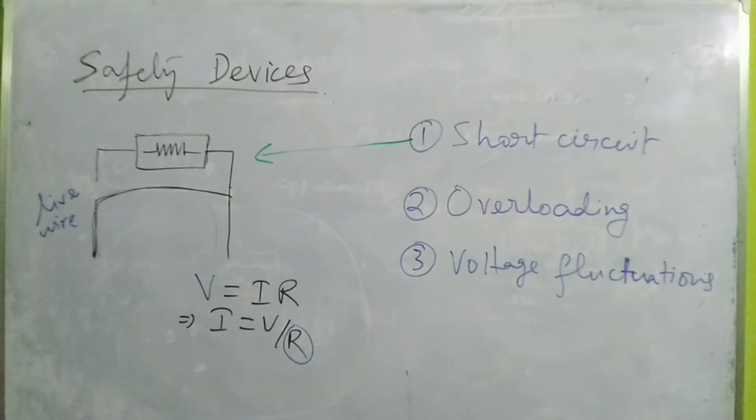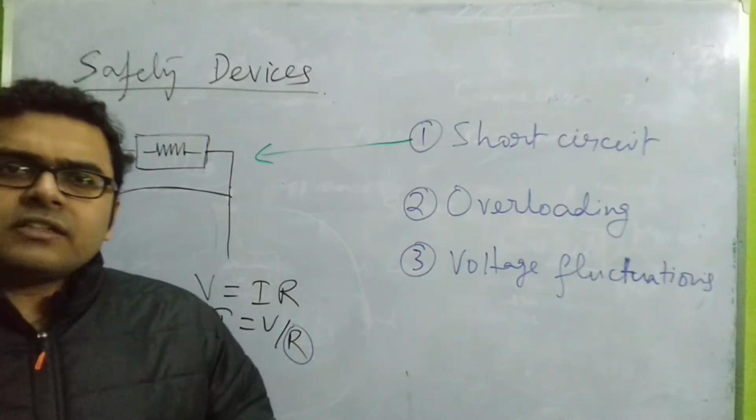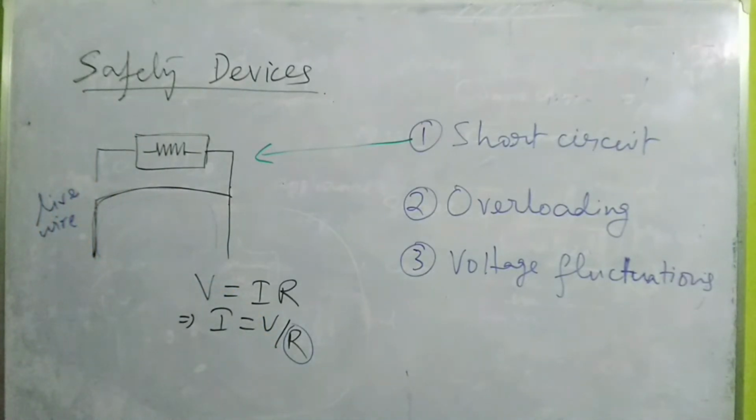It may be 2 ampere, 3 ampere, 5 ampere, accordingly it is designed. The wires which carry higher current are thicker in nature, and those that carry less current are a bit thin. So if it touches the live neutral wire by a break of insulation, then suddenly high current starts flowing, and this high current becomes so large that the wire gets heated up.